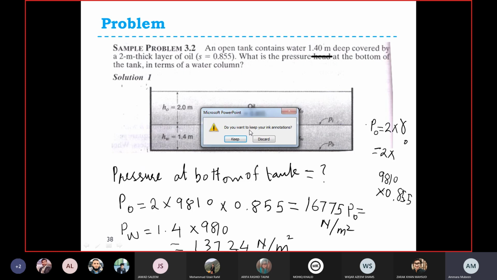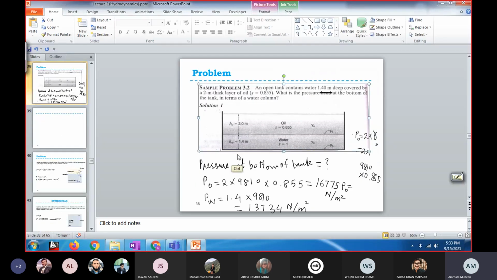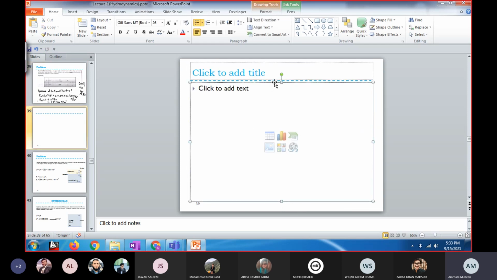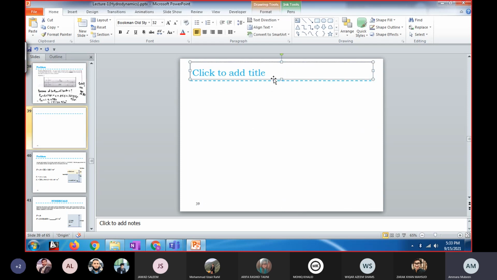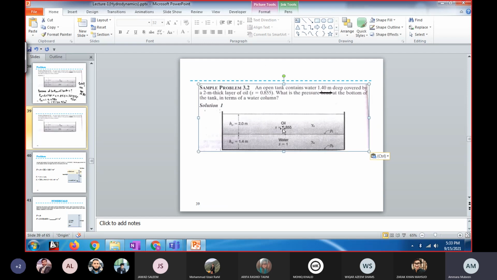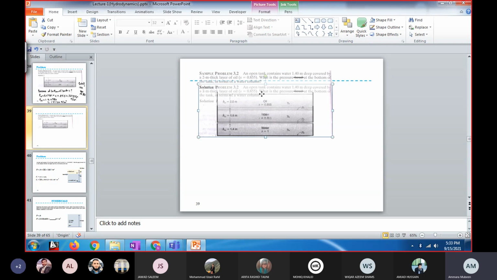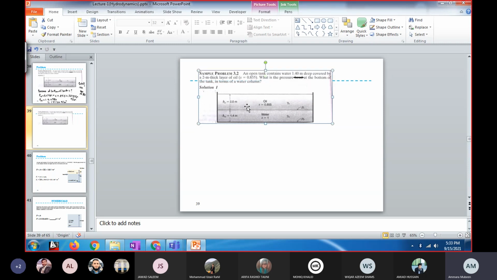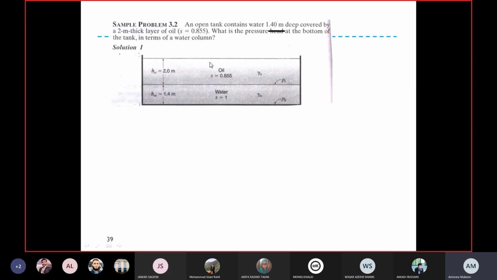So, okay. So how would you get the pressures? So the pressure due to oil here. What about pressure here?